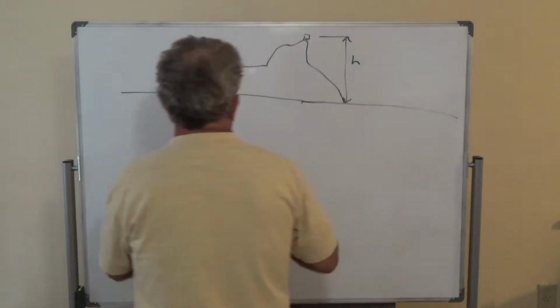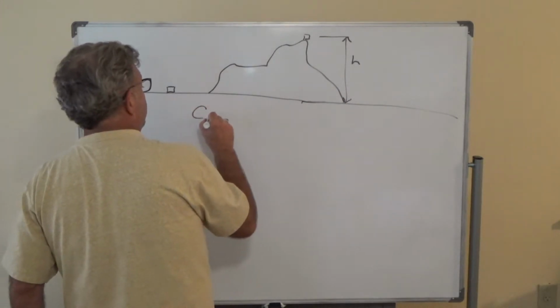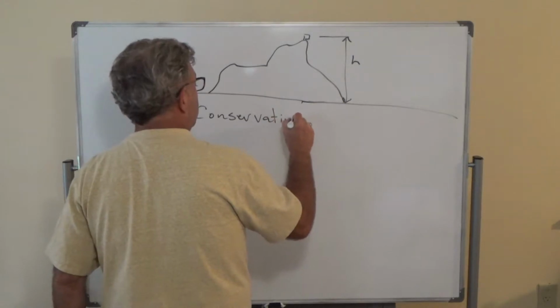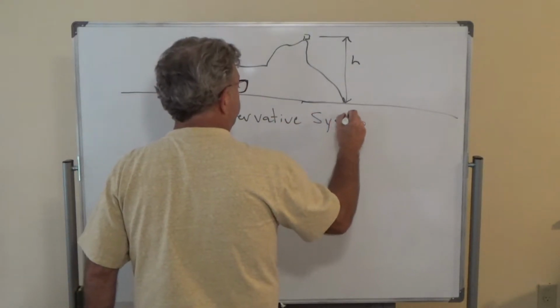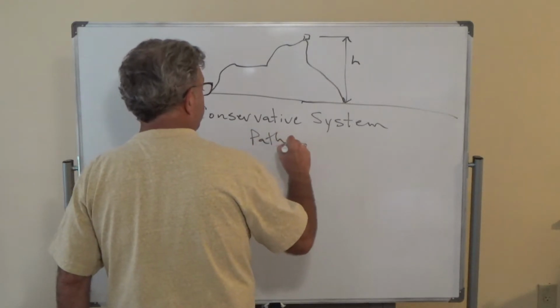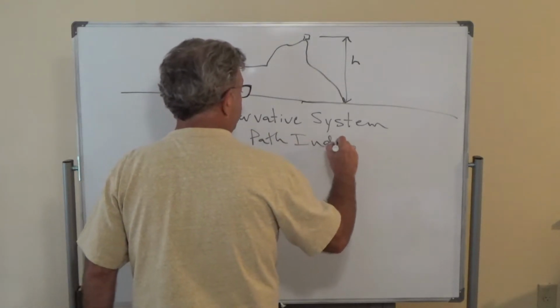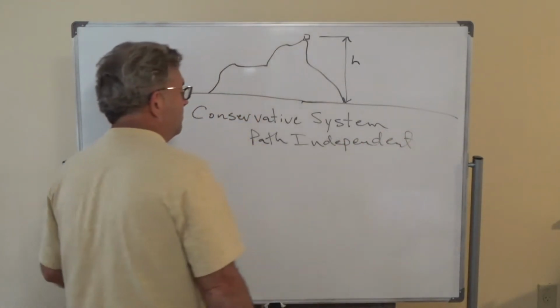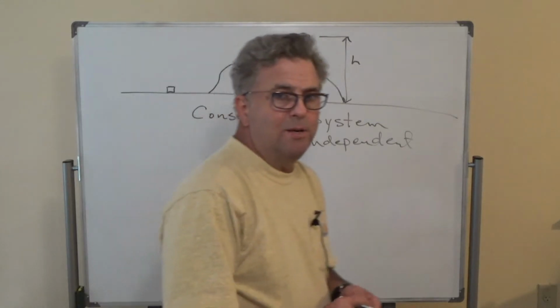Let me say this though: a conservative system is path independent.